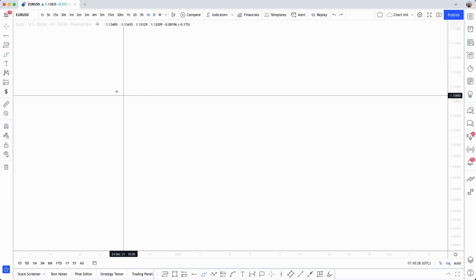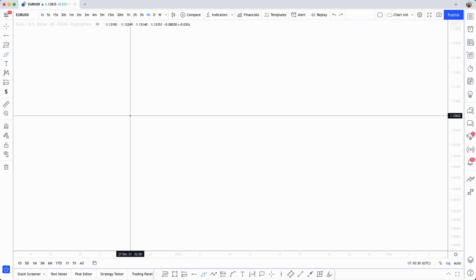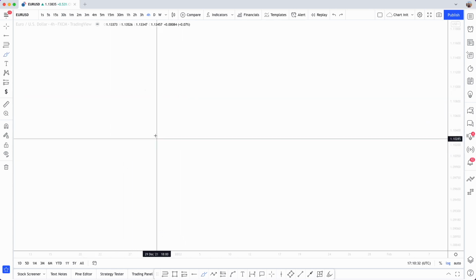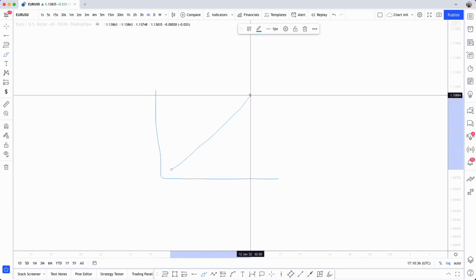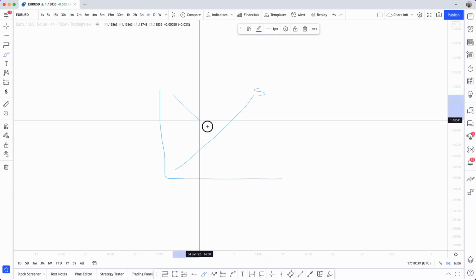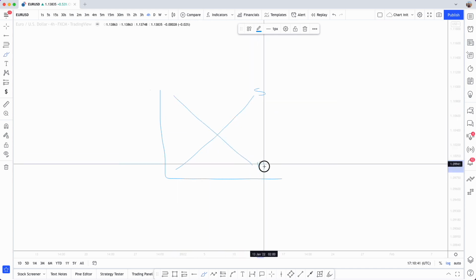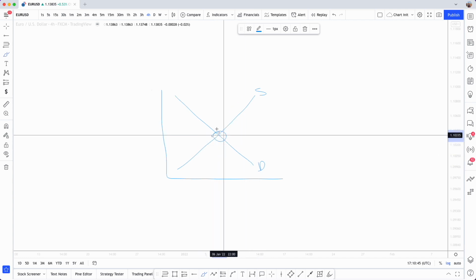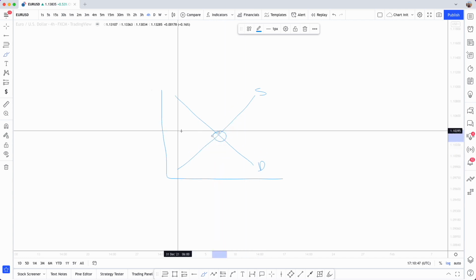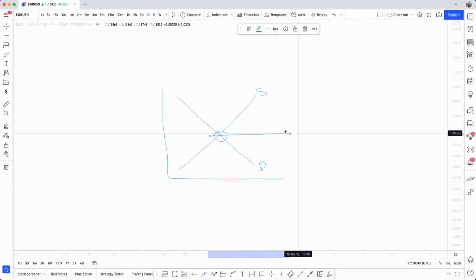Okay, so to understand this to a better degree, for example, say we have a graph, we have supply here and we have demand here. Say we have that in the middle, that is our equilibrium. That is where price is moving efficiently.